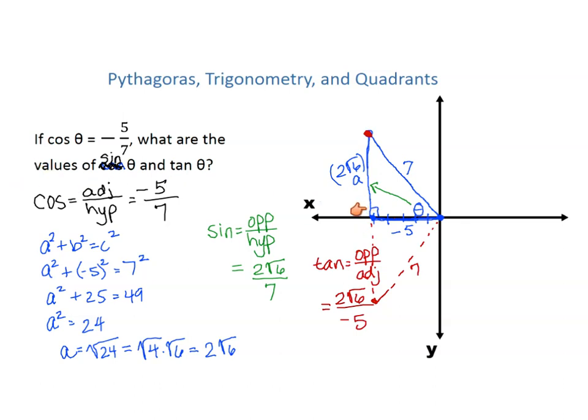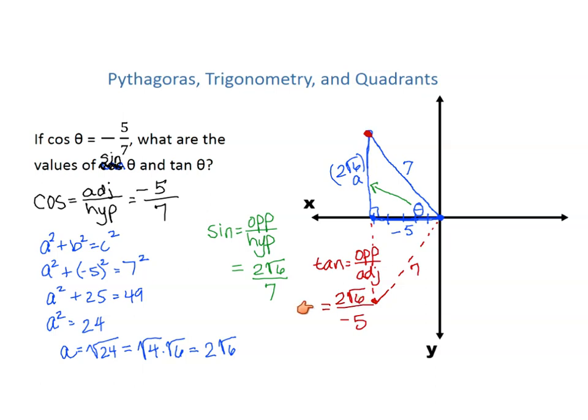It didn't specify, so it really could be either, because both of these angles have a cosine of -5/7. If I were to do the red triangle instead, then my sine would be negative, and my tangent would become positive, because I'd be doing a negative over a negative. Okay, so because they didn't specify, it really could be either.